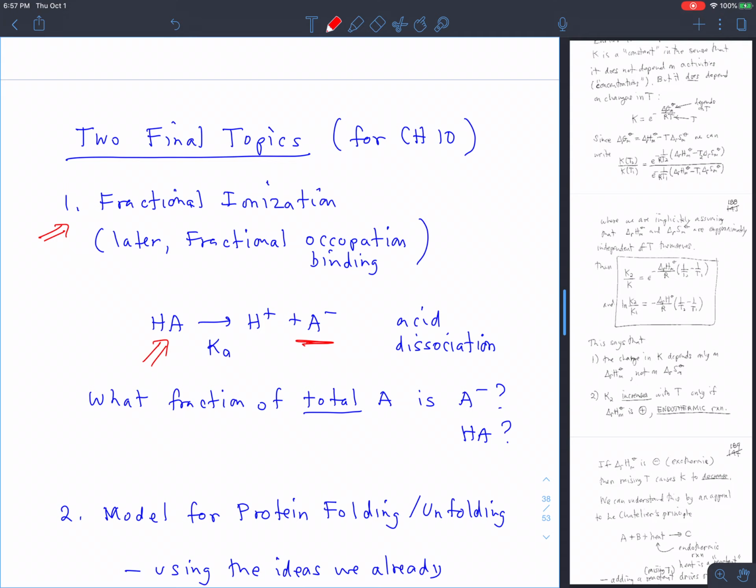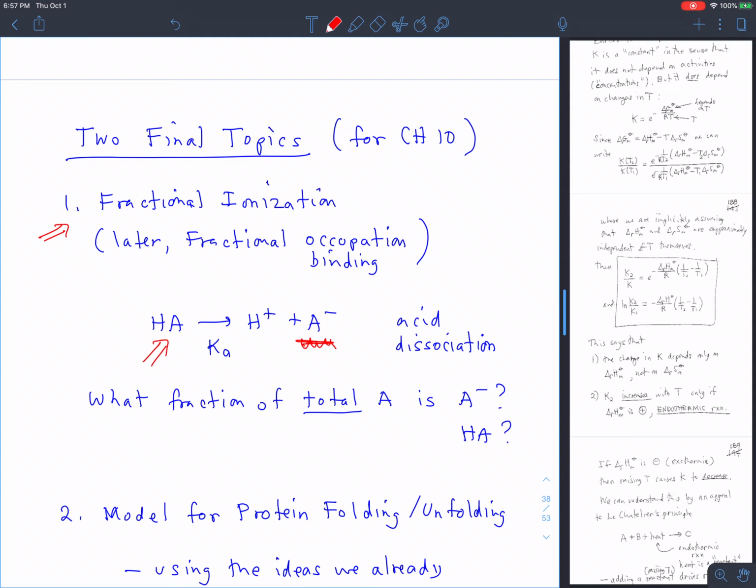It is extremely useful not only for calculating what fraction of an acid is ionized, but also for calculating what the actual total charge is on a protein. That's the example we'll do below.